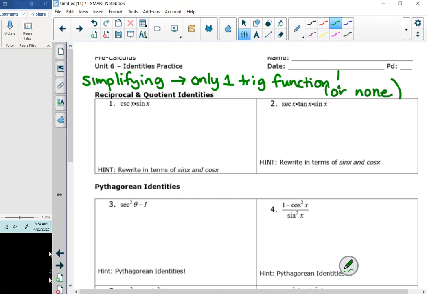Or, in some cases, we might not even have any trig at the end of the problem at all. The simplest form of a trig expression is you take out as much of the trig as you can. You either have everything in terms of one trig function. So instead of having sines and secants and tangents all mixed together, we try to figure out a way to have all of one kind of function. And if we can, it'd be awesome. We have no trig functions at all.